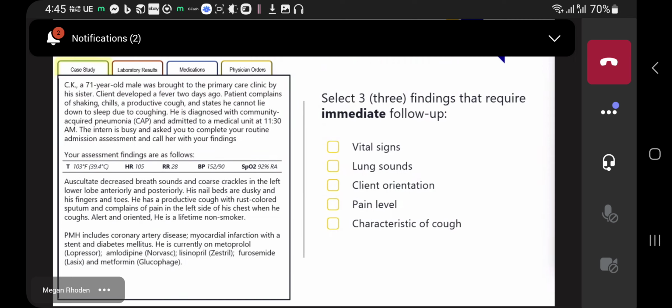So 2 minutes on the clock here, guys. Please put your answers into the chat box. We need 3 of them. And you can do 1, 2, 3, 4, and 5 if you would prefer to put your numbers versus typing it all out. So 2 minutes on the clock here, guys.